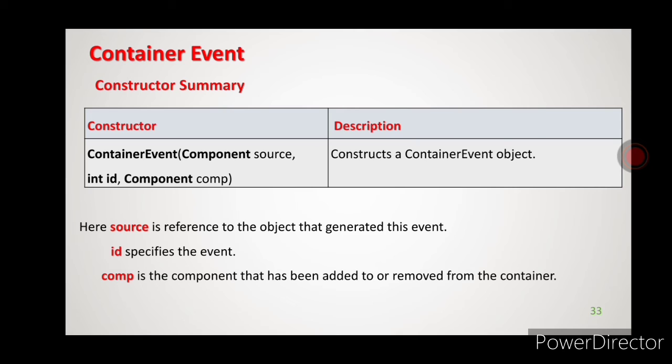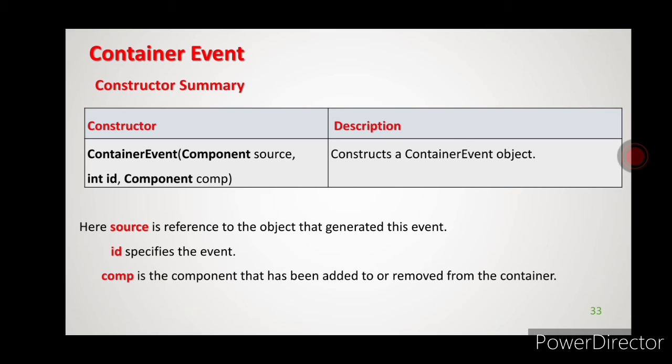Here the container event uses one constructor and it takes the parameters source, id and comp, that is component. Source means from which object; it returns a reference to the object that generated this event, meaning from which event source the event is generating. id specifies the type of event, which event is generating here, container event.